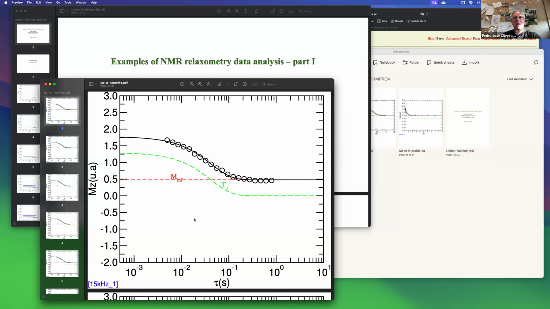But in the end, all of them will provide, when it comes to measuring the spin lattice relaxation, a representation of data where your magnetization is along the magnetic field.